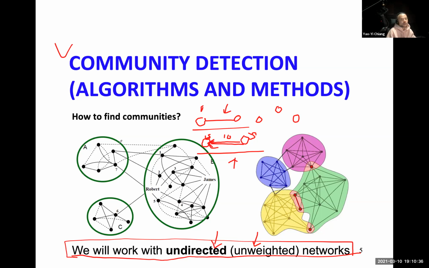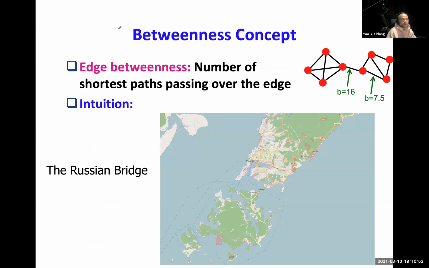Okay, all right. So the ultimate question that we want to answer is how do we find communities in a graph, especially when you have a large graph with many, many nodes and many, many links. So the first algorithm we are going to talk about uses this betweenness concept.